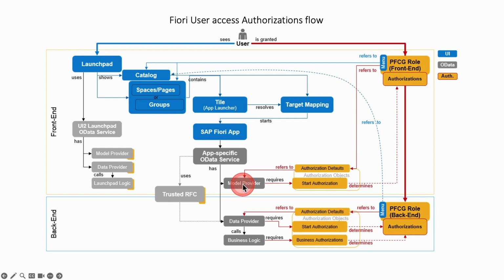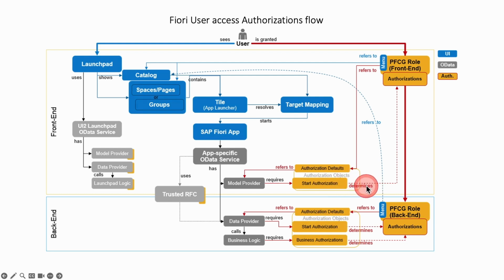If both your front end and back end are in the same system, that is, you are on an embedded deployment, then all this check is completed within the same system, and this completes the user's authorization flow.